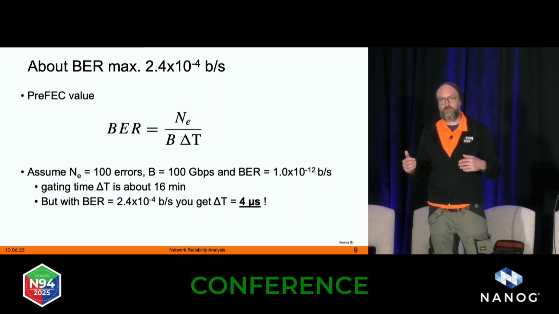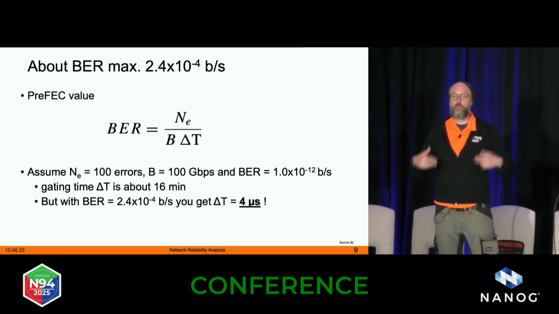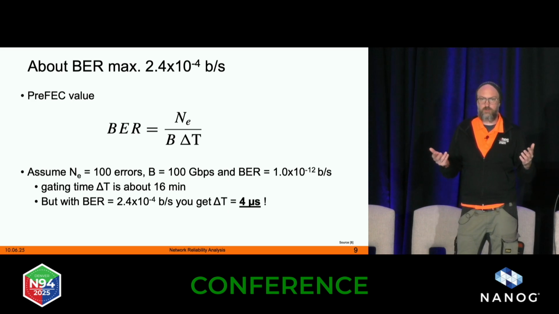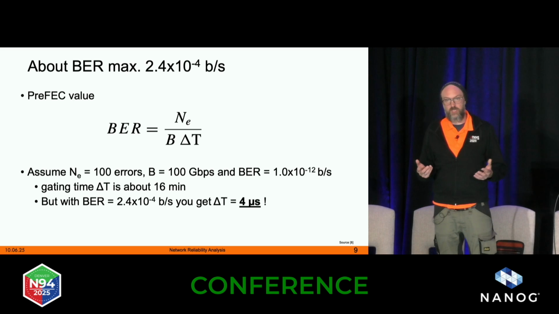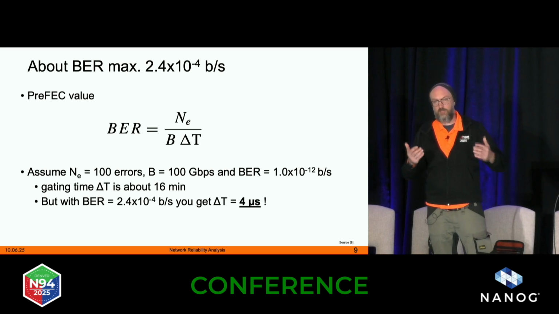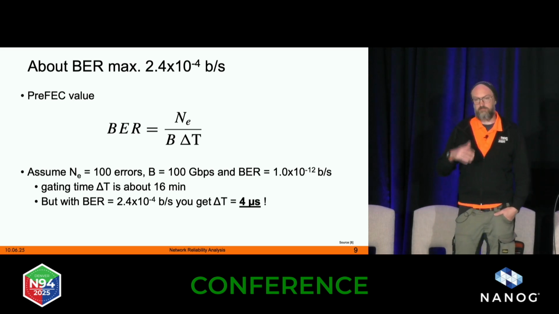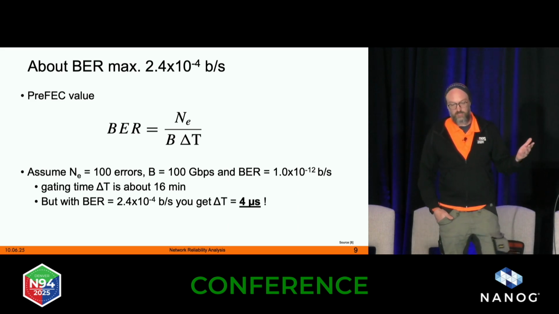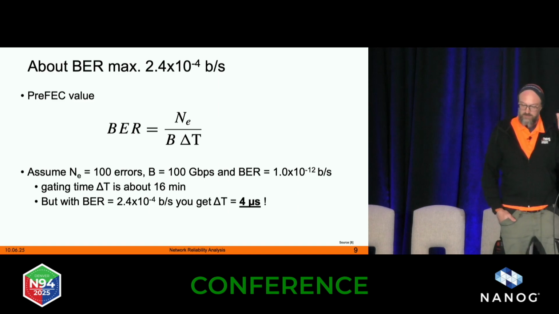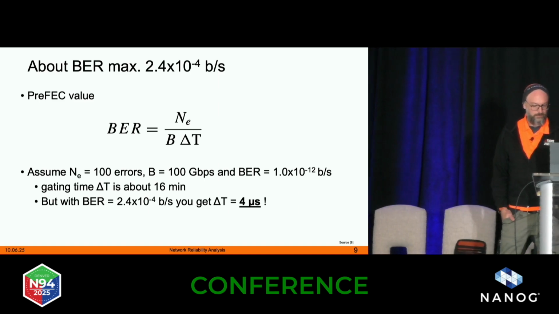So every 4 microseconds, an error will show up. You won't see that error later on because the forward error correction will take care of it, correct it, and then hand it over to layer 2. Otherwise, your error count on layer 2 would go crazy. So that's important to know.